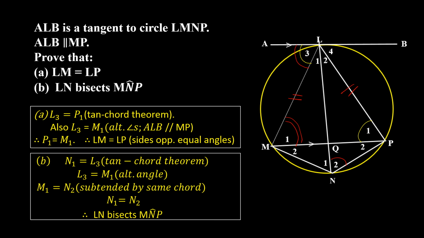In conclusion, M1 equals L3, M1 equals N2, and N1 is also equal to L3. So we have N1 equals N2. What is the meaning? Therefore LN bisects angle MNP.